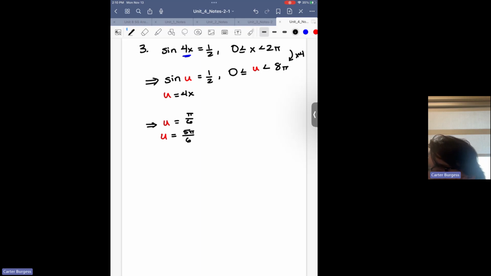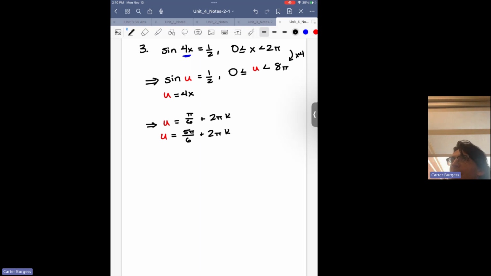Very good. But what do I have to remember? Well, u is going to be between 0 and 8 pi, which we'll adjust for. What do I add here to check for coterminal angles? 2 pi k. We'll add 12 pi over 6 until we're not able to anymore, basically, yeah.